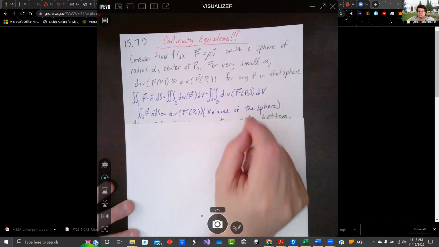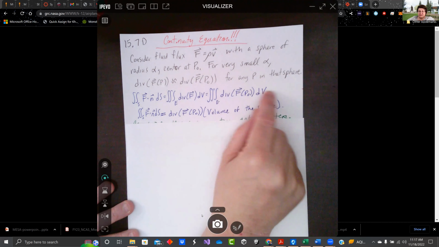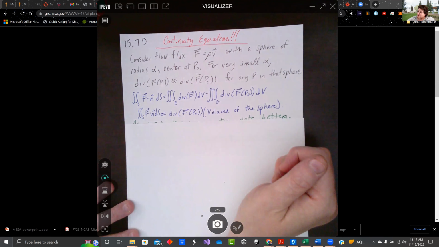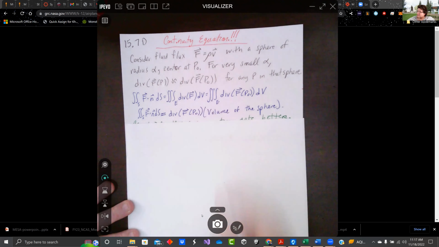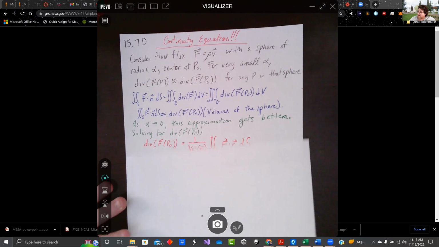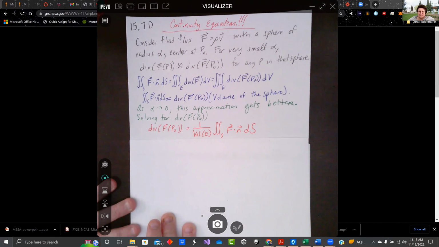We're doing a small sphere, so the triple integral dV just turns into the volume of the sphere multiplied by the divergence. So we divide the volume over, and we say the divergence of F at P naught is the flux through the surface divided by the volume that it encloses.